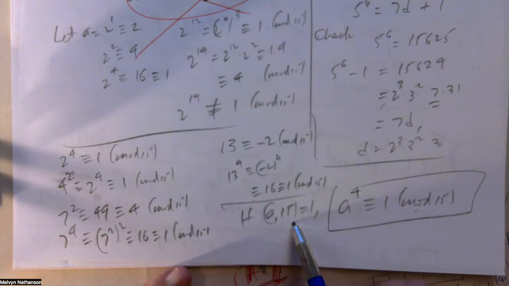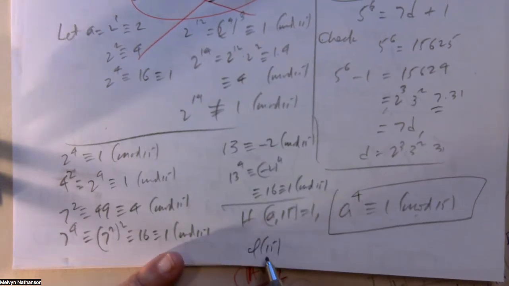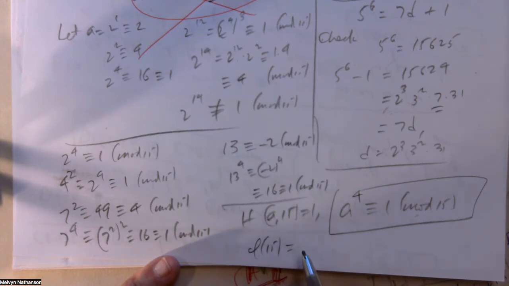So if a is relatively prime to 15, let's see, phi of 15, this is the Euler phi function. This is the number of integers relatively prime to 15. This is equal to 8. There are 8 numbers between 1 and 15 that are relatively prime to 15.